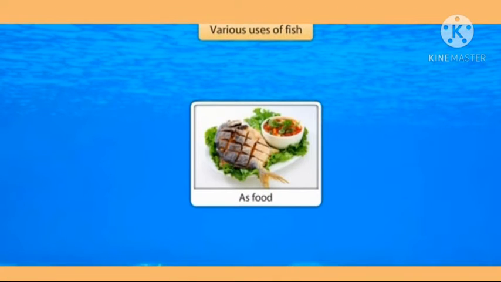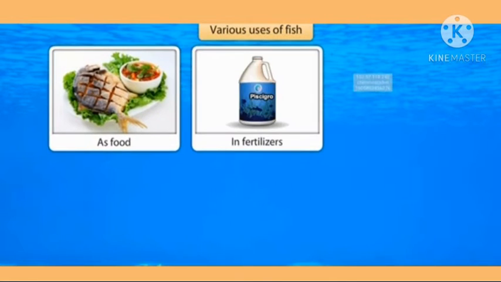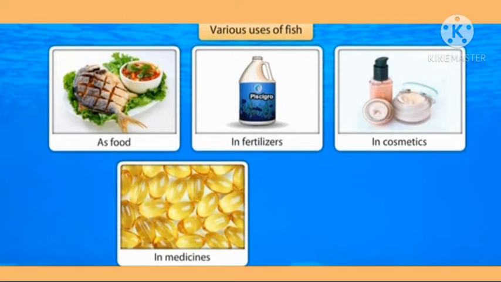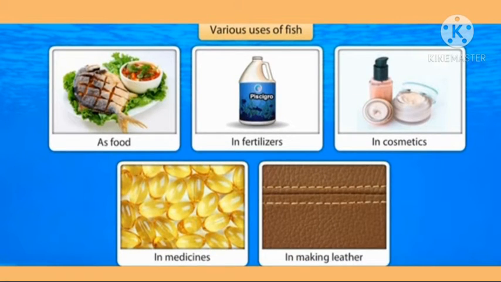Fisheries not only provide food, but also act as a valuable resource in the manufacture of fertilizers, cosmetics, fish oil capsules, and in some instances, even to make leather. All this has made fishing a very lucrative industry.